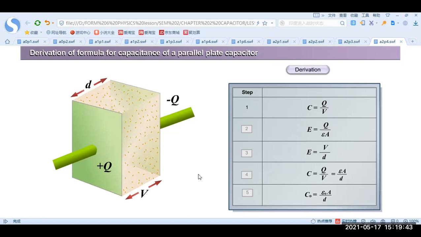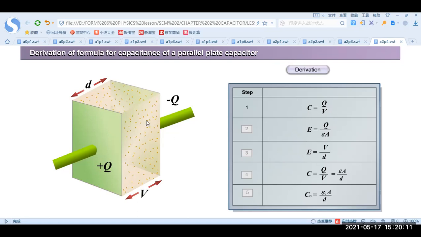The capacitance C naught is the capacitance of this plate. Just now, we know that C is equal to Q over V, where the medium in between the two plates is vacuum or air.